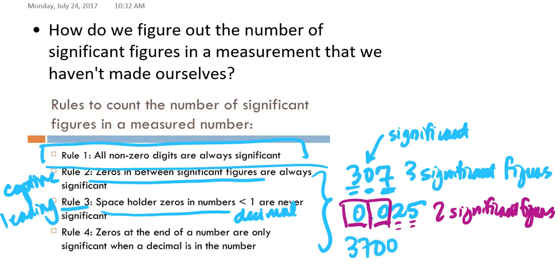Well, these zeros at the end are what we call trailing zeros. And trailing zeros are significant only if there's a decimal point in the number. So if I put a decimal point here, then these zeros just became significant.